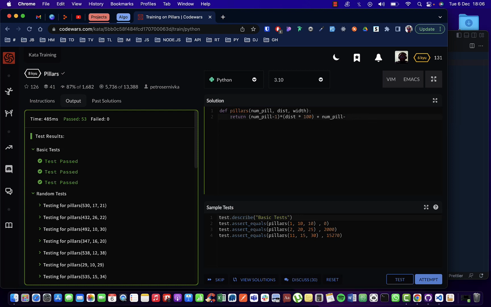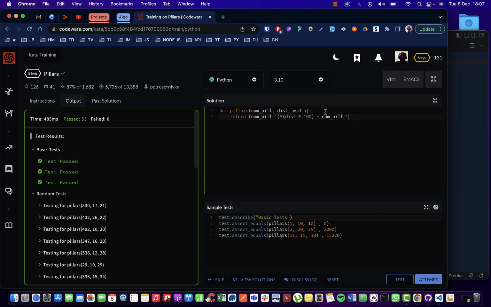We said when we have one pillar and we say number of pillars minus 1, it should actually return 0, because remember we are removing the first and the last pillar. So if we have one pillar which is the first and the last at the same time, we do not need to consider that, so that should give us 0.